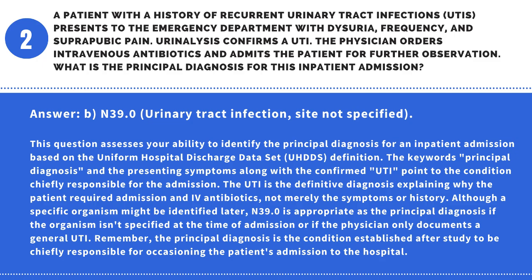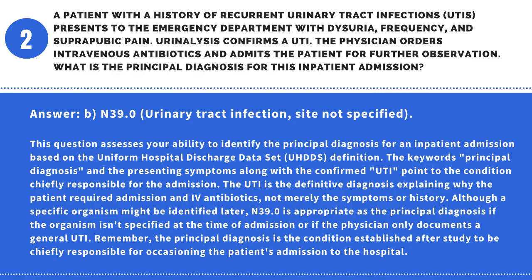This question assesses your ability to identify the principal diagnosis for an inpatient admission based on the Uniform Hospital Discharge Dataset (UHDDS) definition. The keywords principal diagnosis and the presenting symptoms along with the confirmed UTI point to the condition chiefly responsible for the admission. The UTI is the definitive diagnosis explaining why the patient required admission and antibiotics, not merely the symptoms or history.